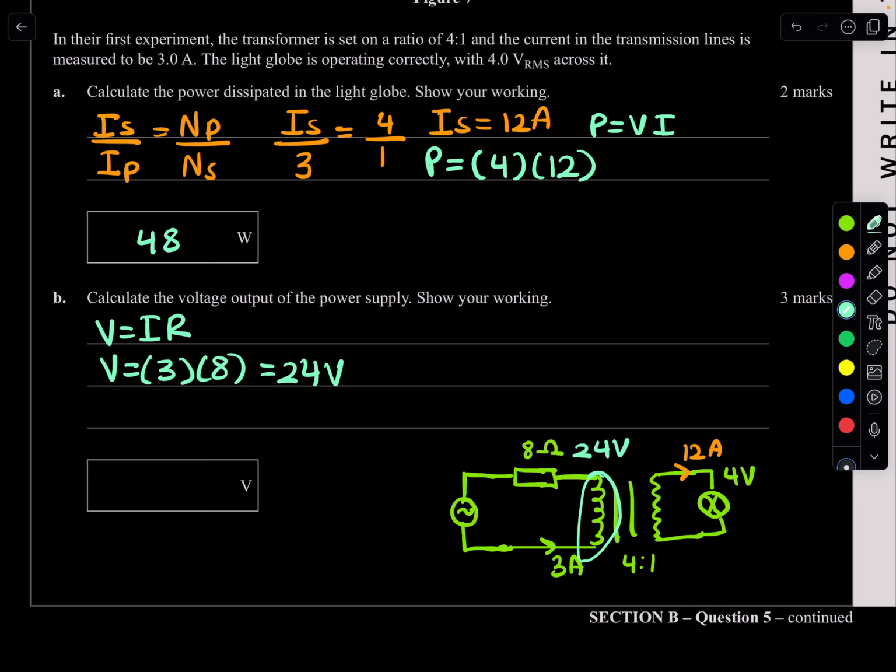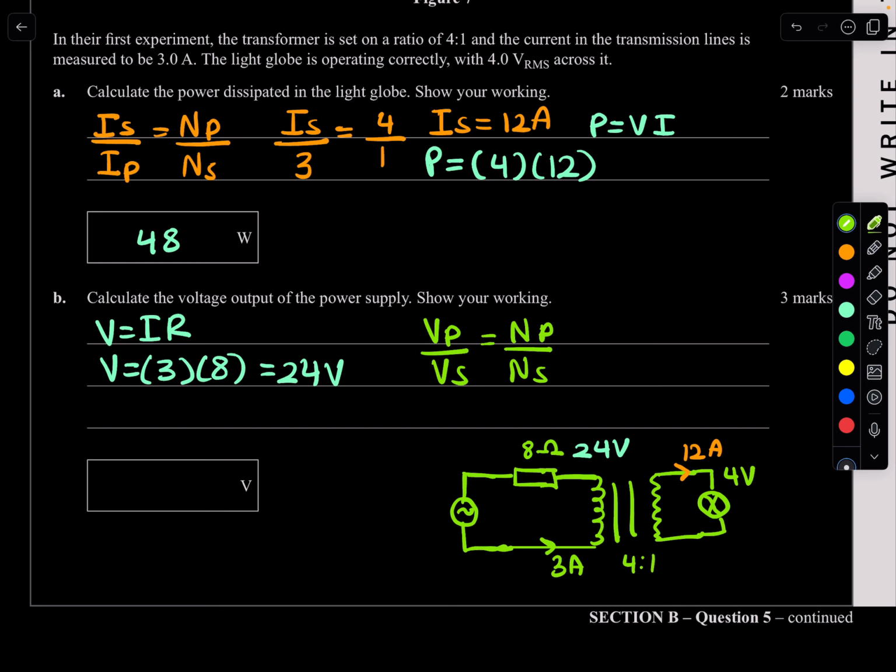And so we just need to calculate how much voltage the primary section of the transformer consumes. That's easy because we know the secondary voltage, we want to find the primary, and we also have the ratio. So remember, voltage in the primary over voltage in the secondary is equal to the number of turns in the primary over the number of turns in the secondary.